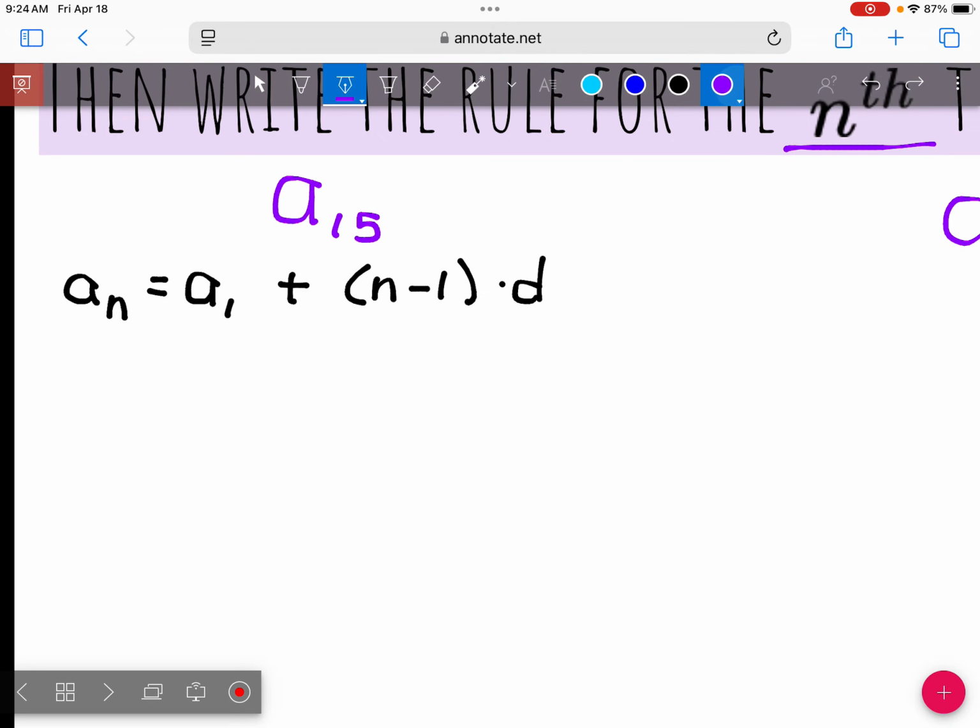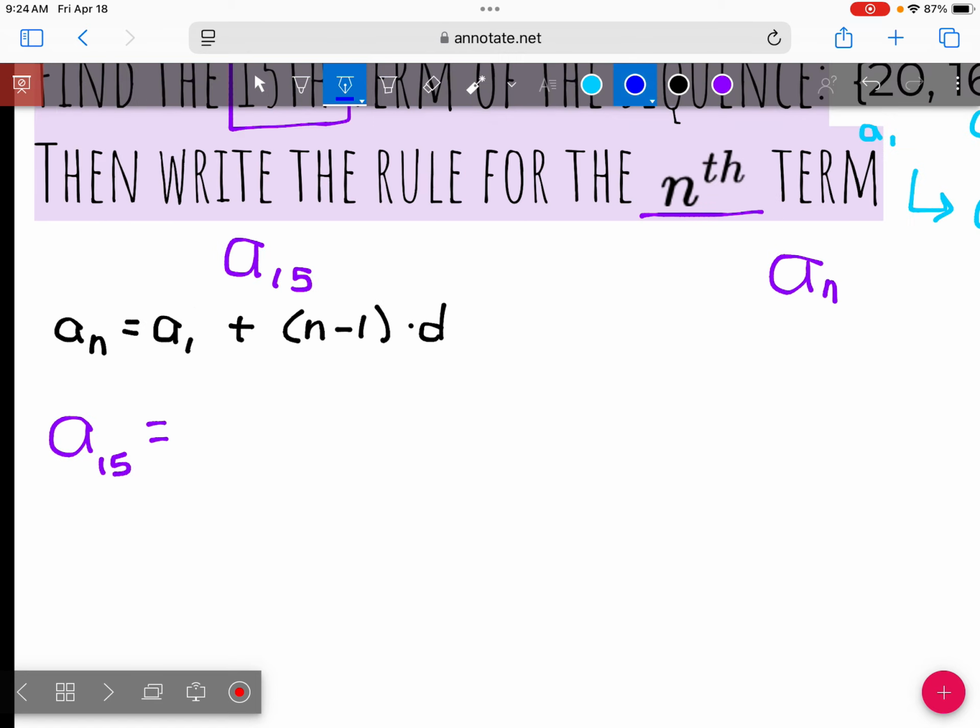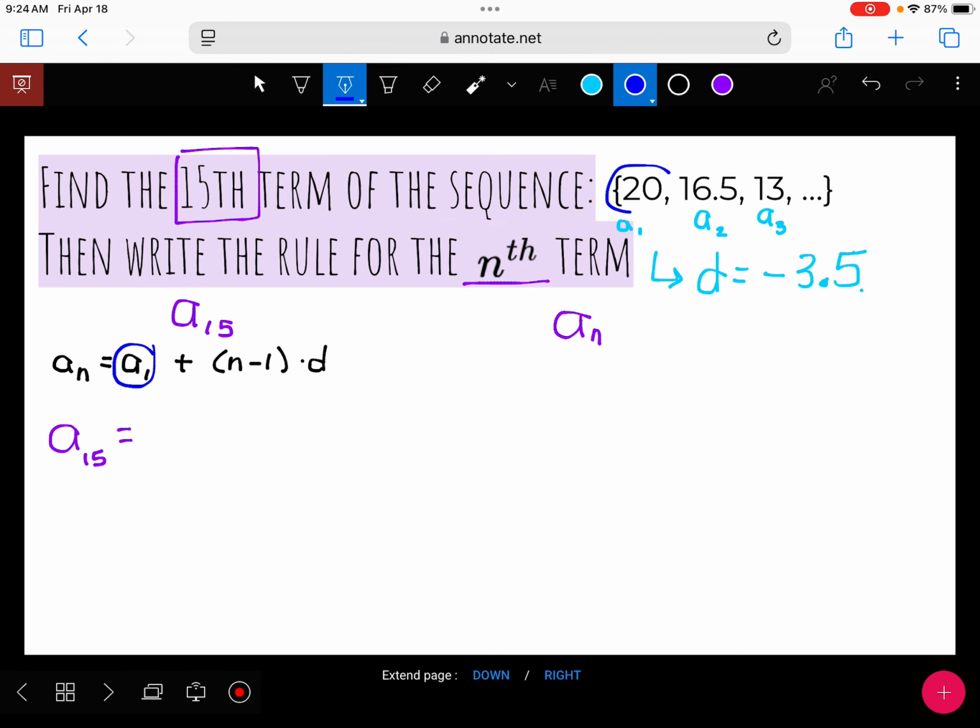If we're looking for a sub 15, that means n equals 15. We know that a sub 1 is 20. So there's going to be 20 plus, we just said our n is 15, minus 1 times our common difference of negative 3.5.